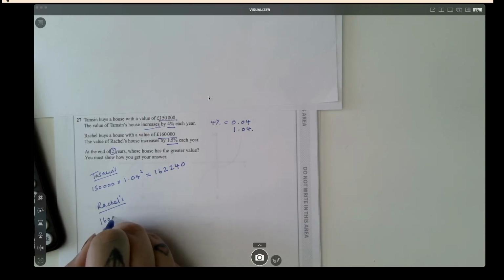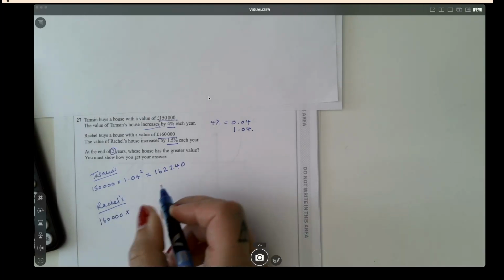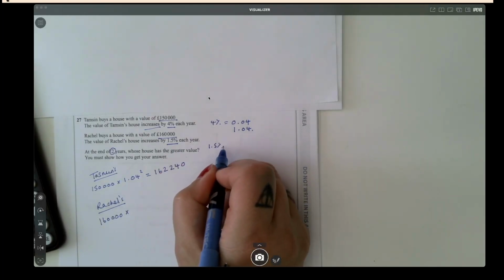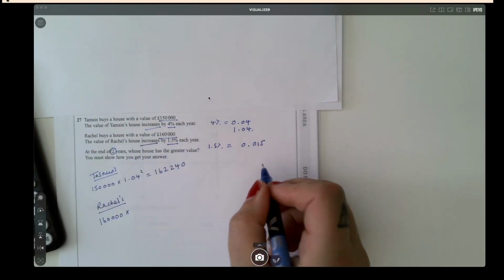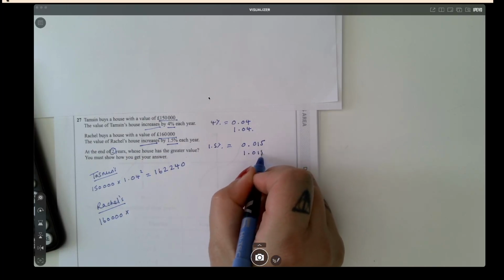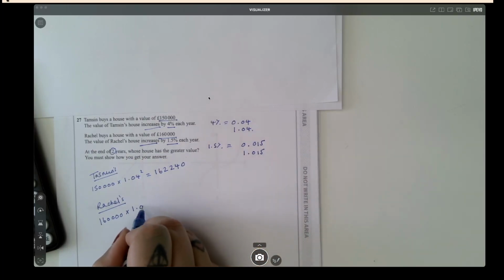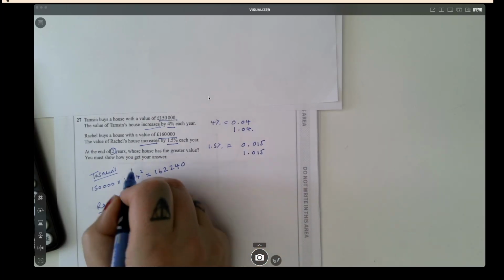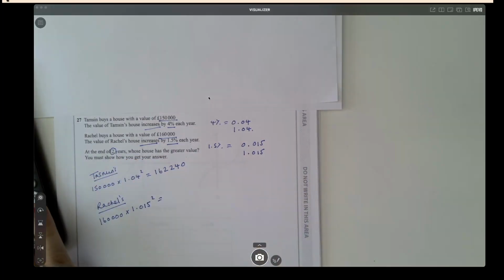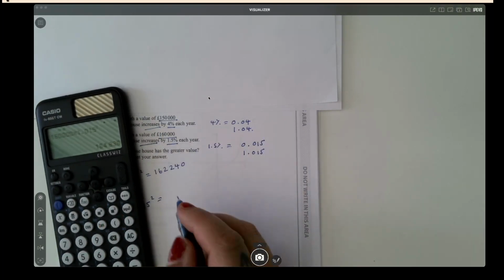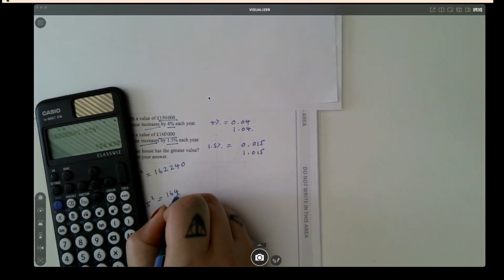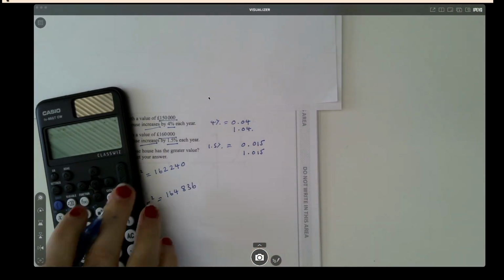Now let's do the same for Rachel. So she's got 160,000. At 1.5% is 0.015, but it's an increase, so it's 1.015. Still to the power of 2 years, which is 164,836.